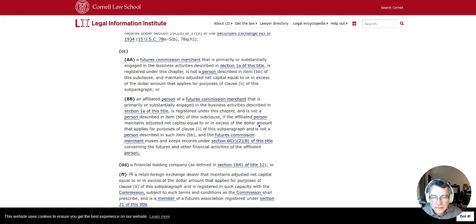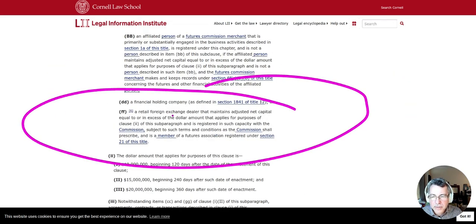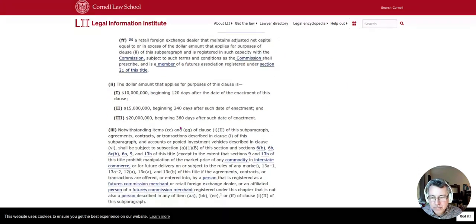So this is supposed to refer to CC and GG, so FCMs and the newly created retail foreign exchange dealer, but because they deleted a section, this refers to FCMs, CC, and GG, which is nothing.